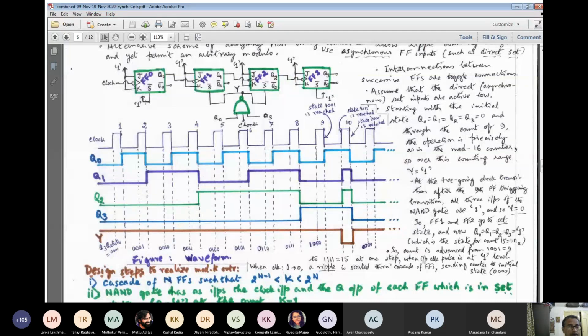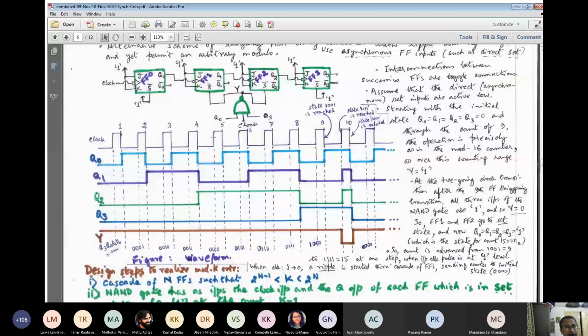So Q0 will always have a transition from 0 to 1 or 1 to 0, because it is in toggle mode. So FF0 will work unhindered. Here also it will have a transition from 1 to 0. As a result, Q1 will have a transition and so on.